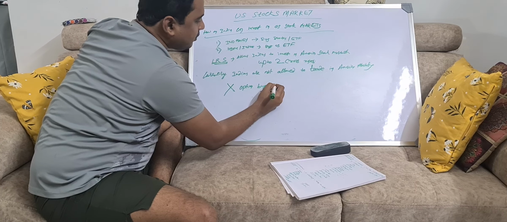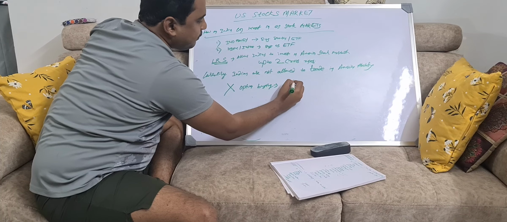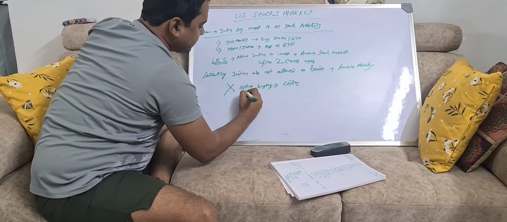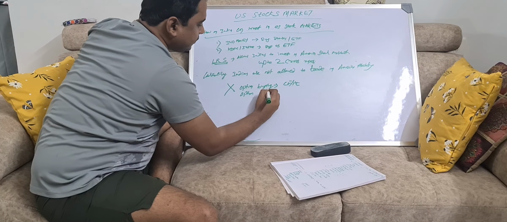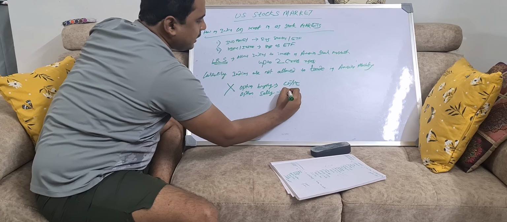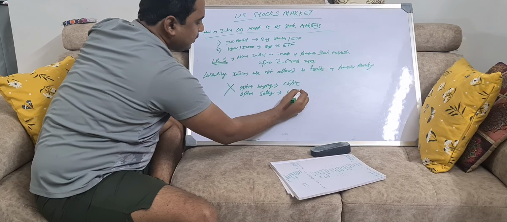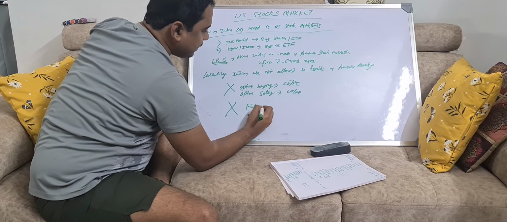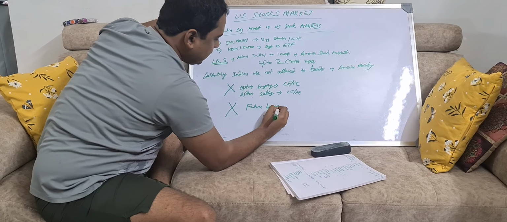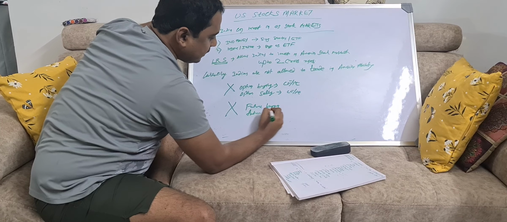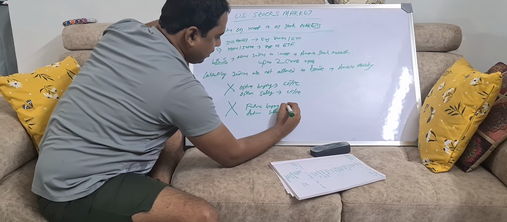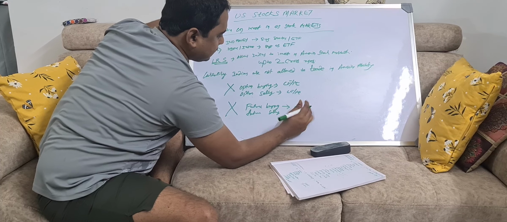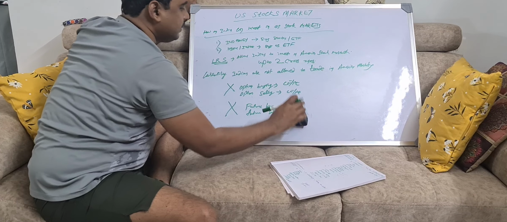What I talked about, the call option and put options, and option selling, that is CE and PE. Okay, you can't do future buying and future selling.